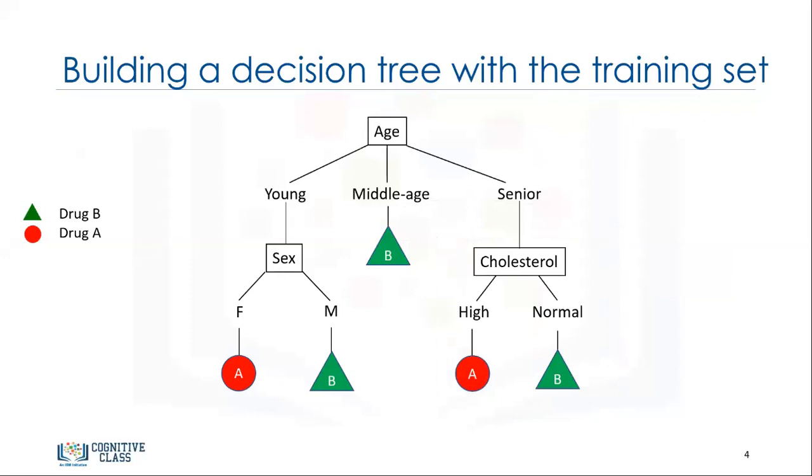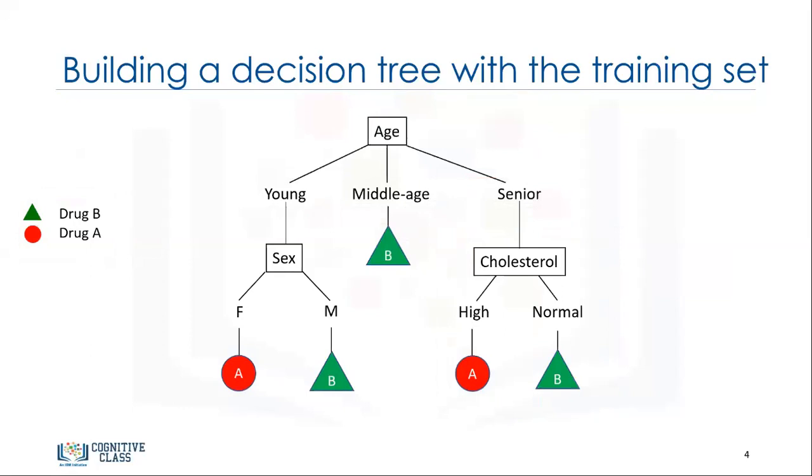If we look at the diagram here, we can see that it's a patient's classifier. So, as mentioned, we want to prescribe a drug to a new patient, but the decision to choose drug A or B will be influenced by the patient's situation. We start with age, which can be young, middle-aged, or senior.